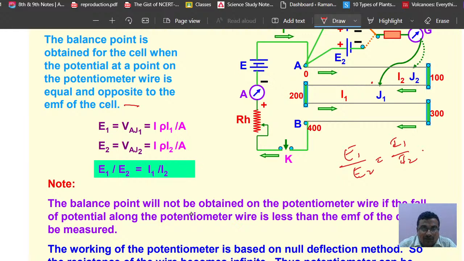The balance point will not be obtained on the potentiometer wire if the fall of potential along the wire is less than the EMF of the cell. The working of the potentiometer is based on which method? The null deflection method. So the resistance of the wire becomes infinite, and the potentiometer can be regarded as an ideal voltmeter.